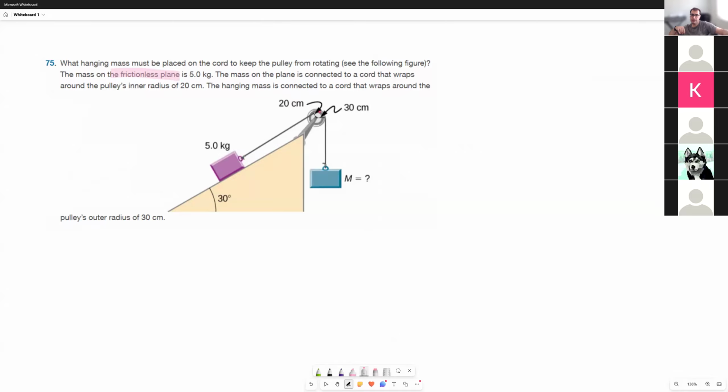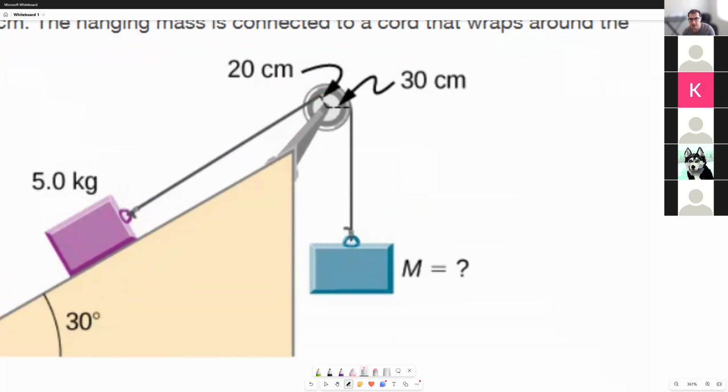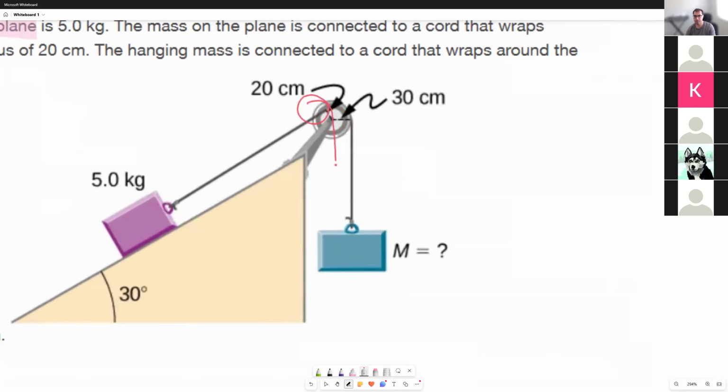The one on the inclined plane is connected to the smaller radius, and the design of the pulley is such that this string is going to wrap around it. It makes one round or maybe two rounds, it depends on the pulley, and then it goes to the upper radius. That's what is happening inside with the string.